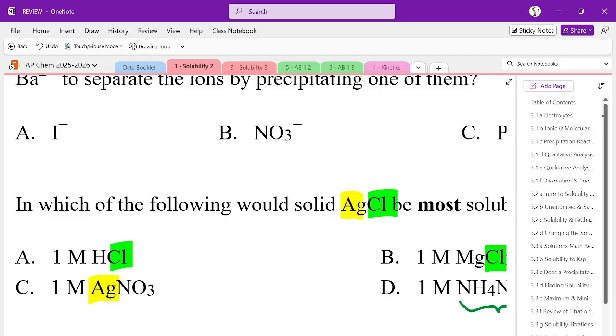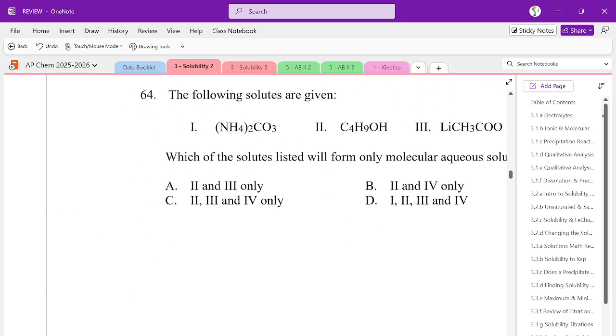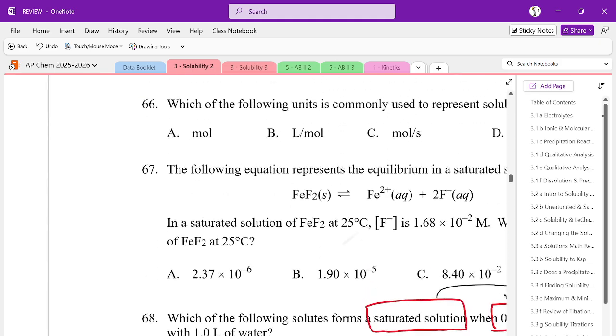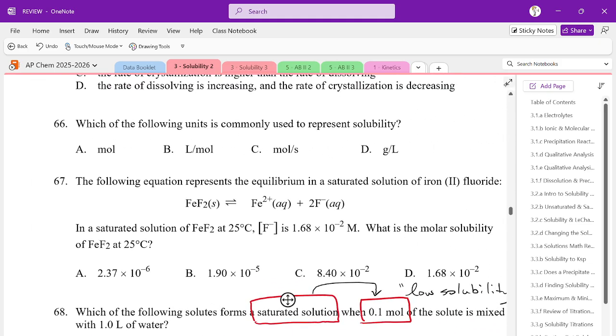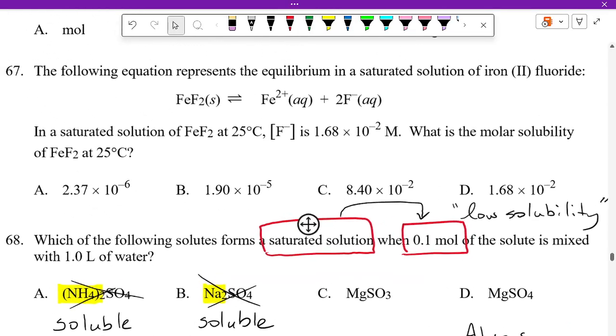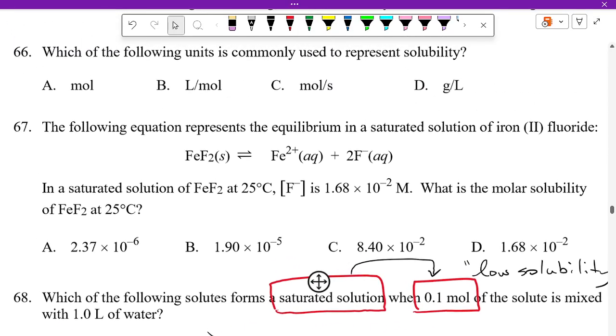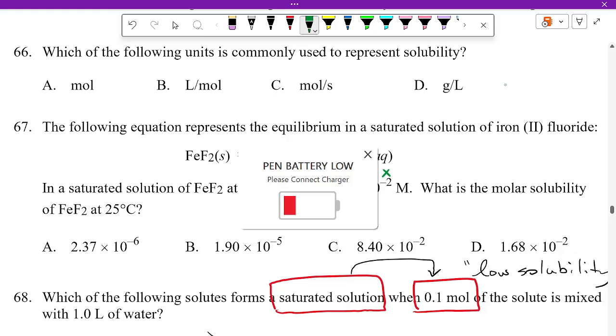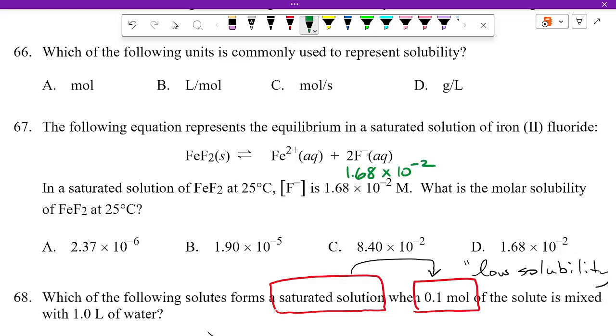67. We have that equation, and we have fluoride, which is 1.68 times 10 to the minus 2. So that is the concentration of fluoride.